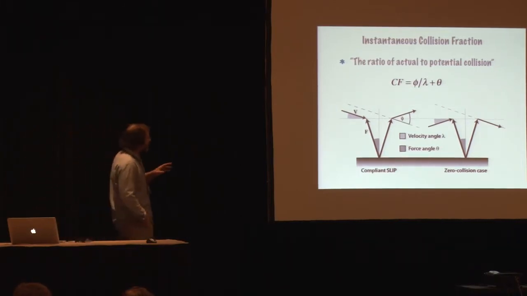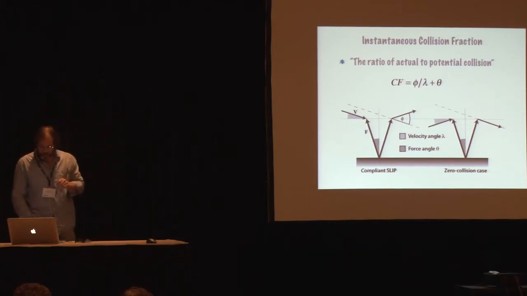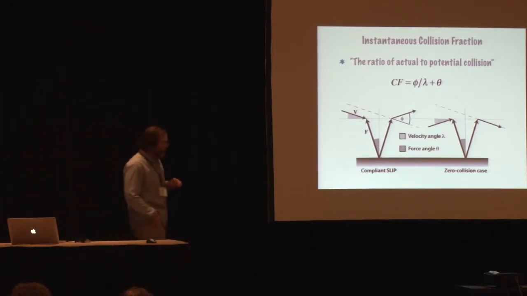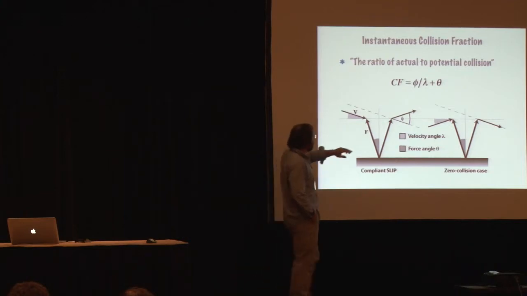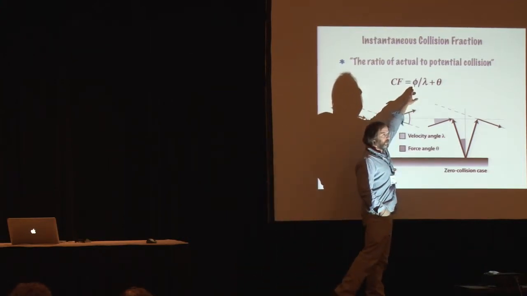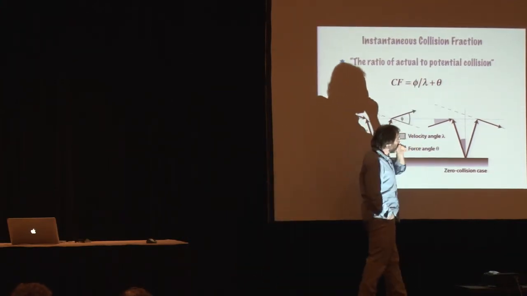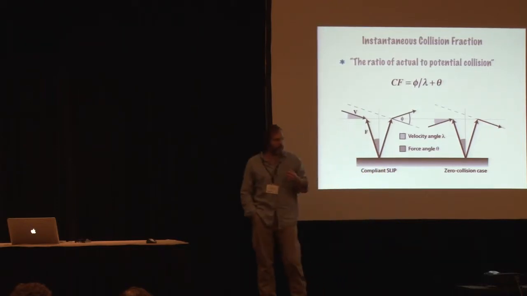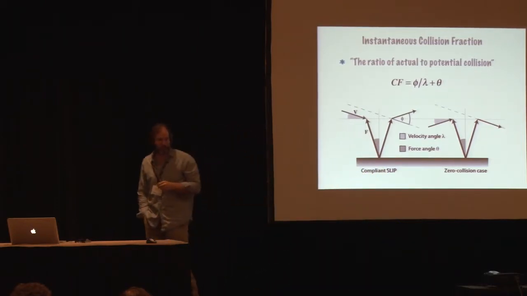So I've already mentioned the collision fraction. We can talk about the collision fraction at each instant, in which case it's just the instantaneous collision angle as a fraction of the sum of the force and velocity angles.